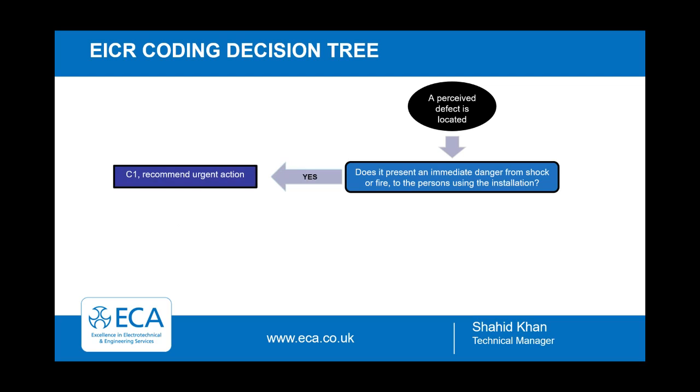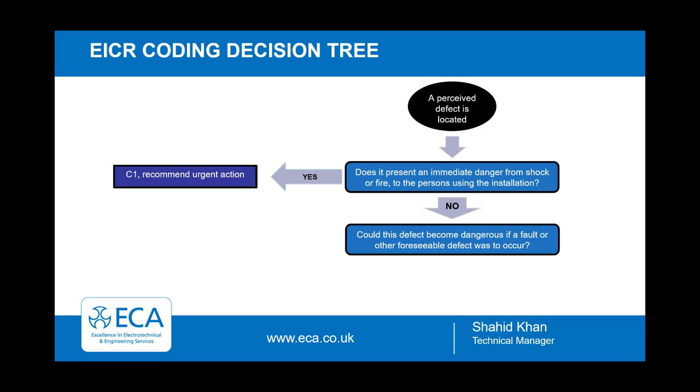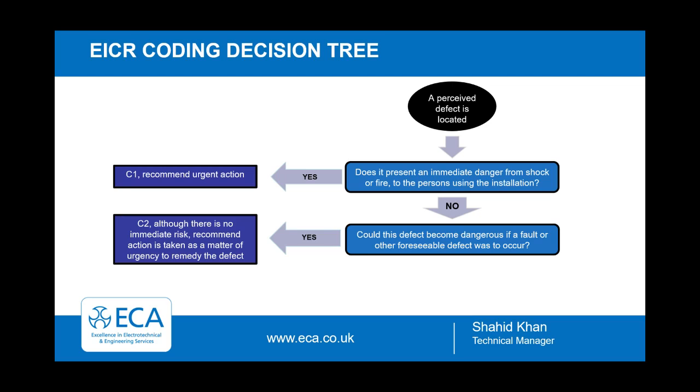If the answer is yes, you would award it a C1. If the answer is no, it leads you to a second question. Could this defect become dangerous if a fault or other foreseeable defect was to occur? If the answer is yes, it's a C2. If the answer is no, it's a C3 and consider upgrading the installation.